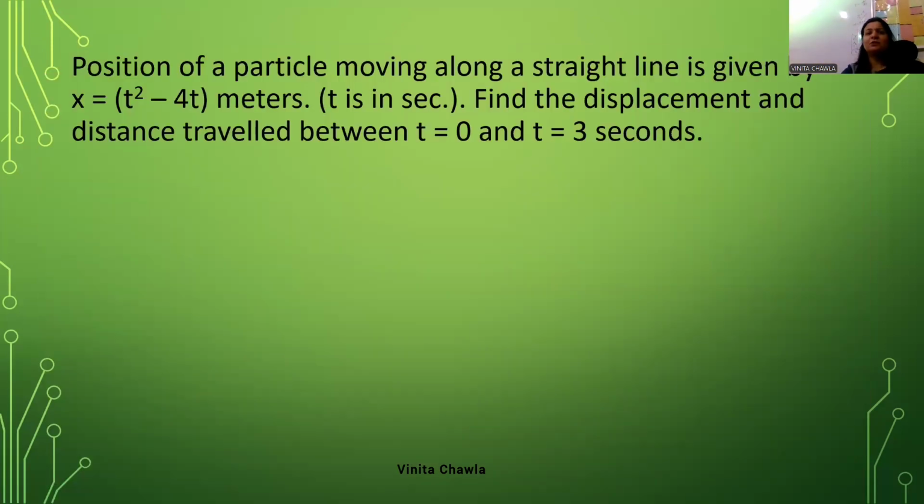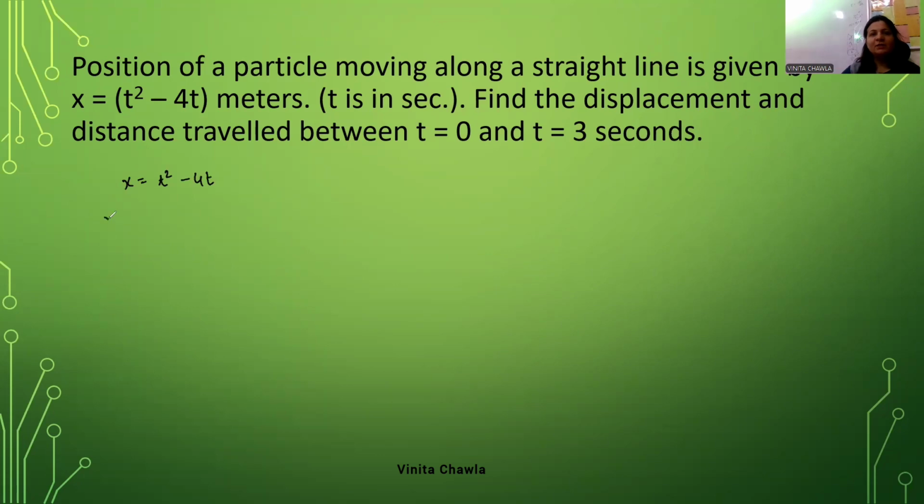So we have a question based on this. Position of a particle moving along a straight line is given as x equals t square minus 4t meters. Find the displacement and distance covered between t equal to 0 and t equal to 3 seconds. So x is t square minus 4t.